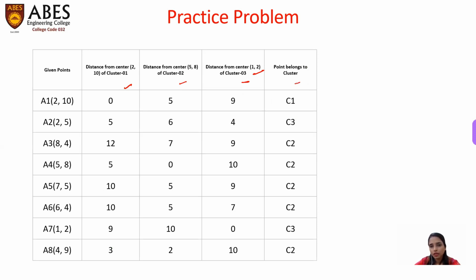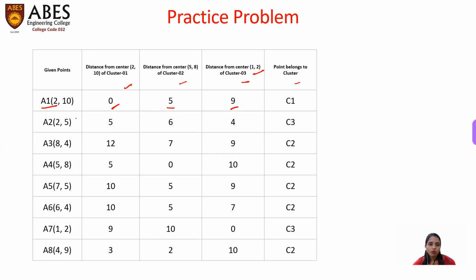So first, for data point A1, the distance from the center of cluster 1 is 0. The distance from cluster center 2 is 5. And the distance from cluster center 3 is 9. Okay. So by looking at this table, we can easily identify that the lesser distance is 0. So the data point A1 will go to cluster 1.